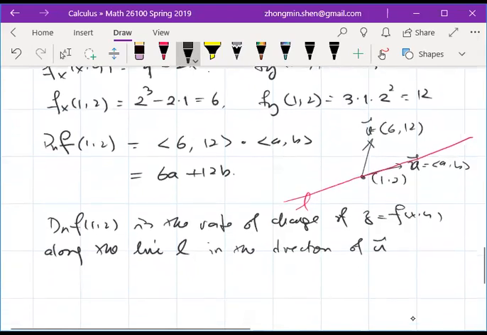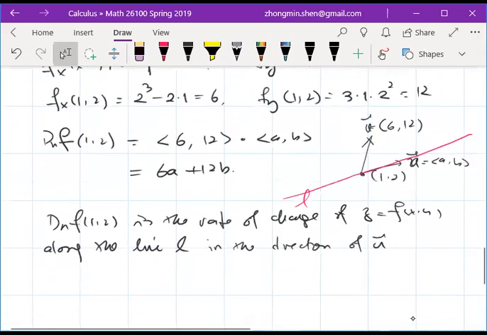In the definition, u is not necessarily a constant vector. u can be an arbitrary vector. It does not need to have unit length.